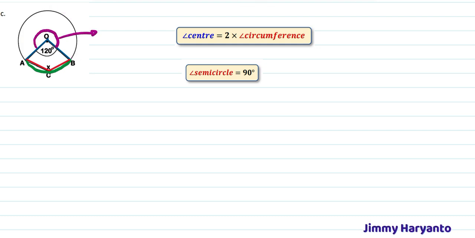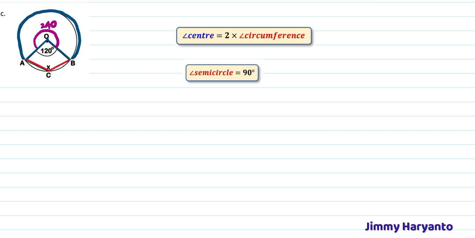So to find this, I just subtract 360 minus 120, you have 240 as the angle. So this one is 240, and the angle of the center is facing this arc right now.